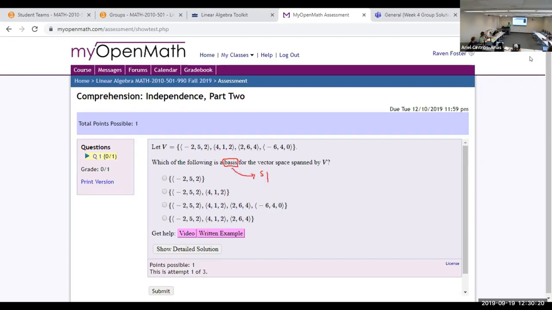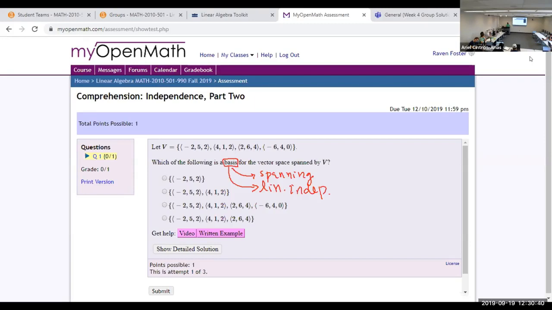It means having a spanning property, and it also means being linearly independent. So which of the following sets is both spanning and linearly independent?